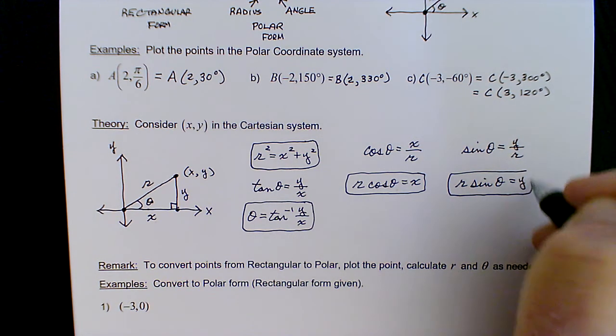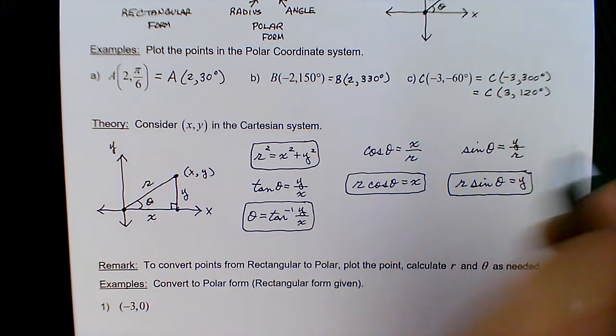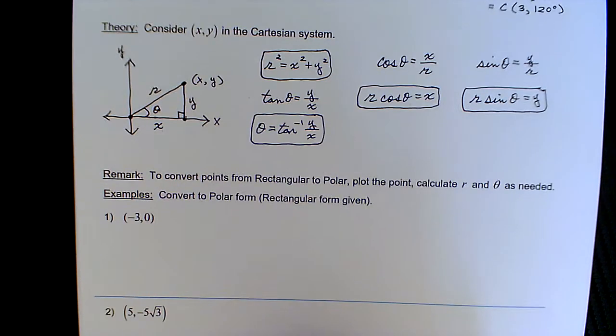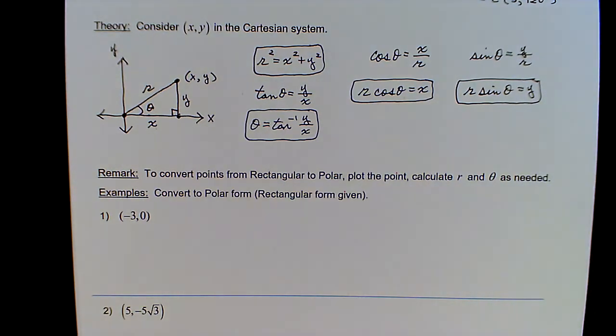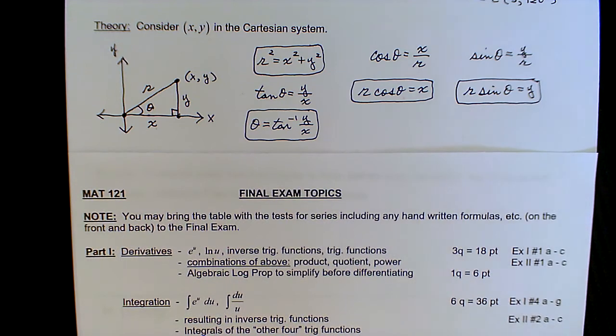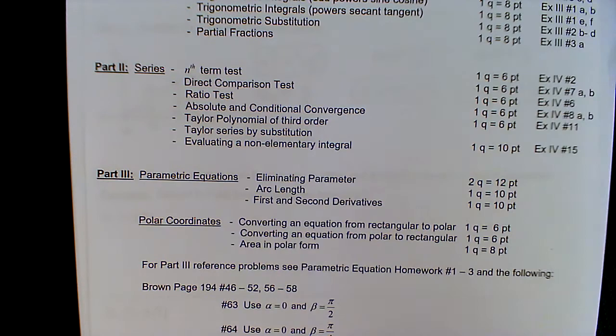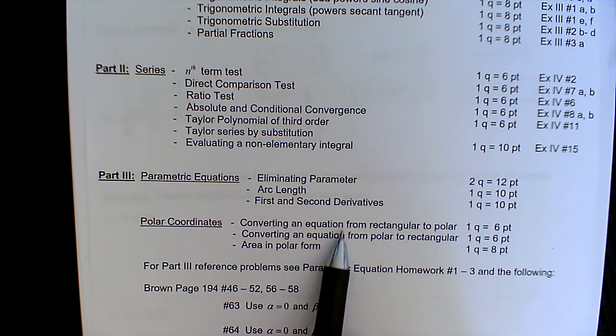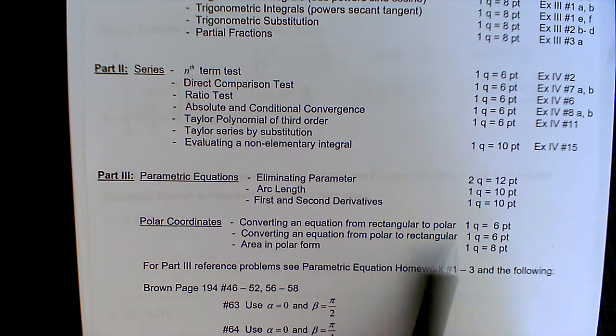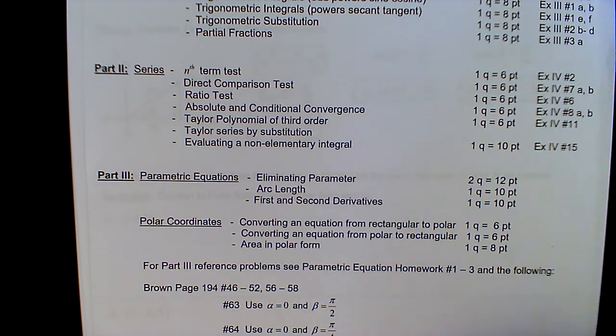Okay, so there's the conversion equations. And although on the exam, you could see on the final exam topic sheet that I mentioned earlier, for polar coordinates, we're just going to be concerned about converting equations in both directions, from rectangular to polar and polar to rectangular.